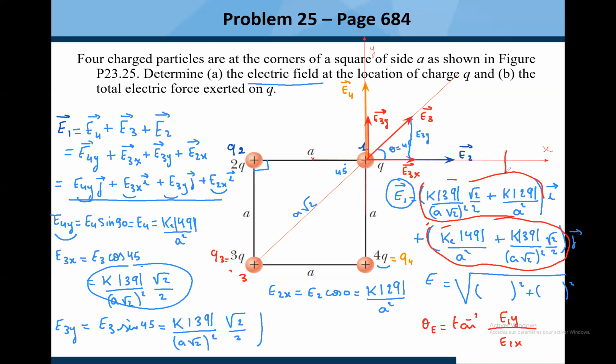This is E1 x, and this value is E1 y. Okay, you can get its value easily by calculation. It's okay, we calculated the magnitude of E, we calculated the angle, the direction of E.